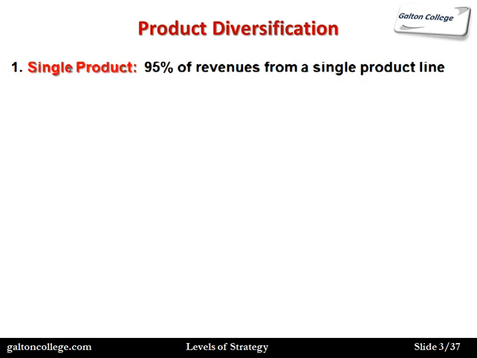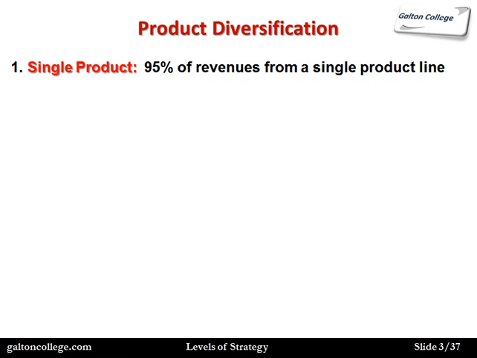We would say, for example, that a single product business is one that relies heavily on a single product, and that single product yields roughly, say, 95% of the revenue for the business. That would be a single product business.